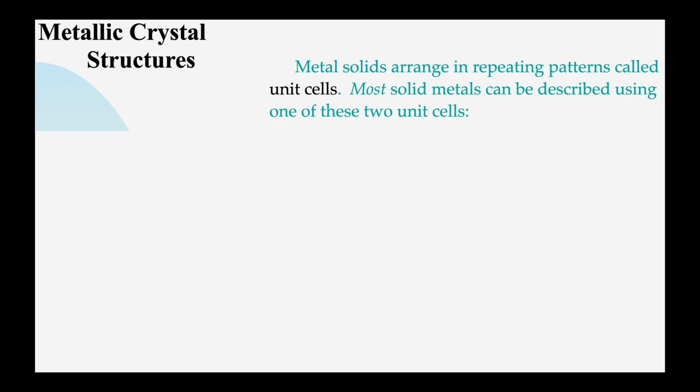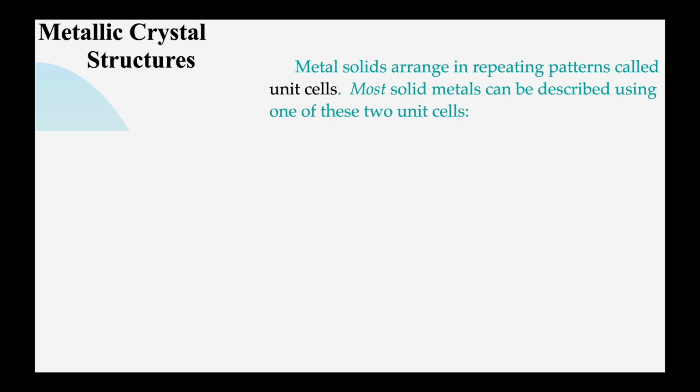And unit cells just repeat over and over and over and over and over again. And for metals, there's only a couple different types of these unit cells we're going to look at. And again, this is a huge area of research, and we are just barely scratching the surface of it. But if you do end up doing solid crystallography kind of stuff, solid state materials, this may be helpful to you.